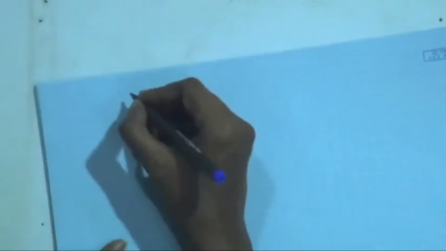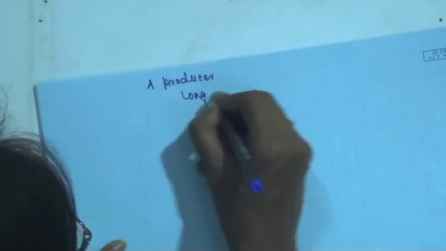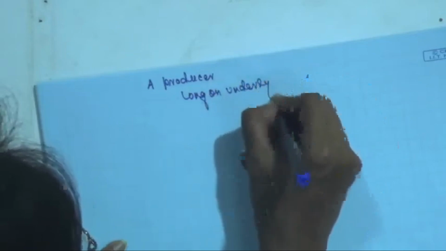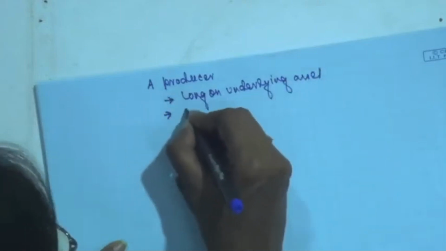So let me start with, suppose a producer who is long on the underlying asset. He would be able to mitigate this risk by going short on futures.